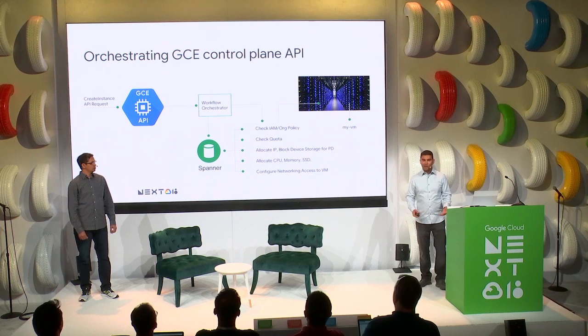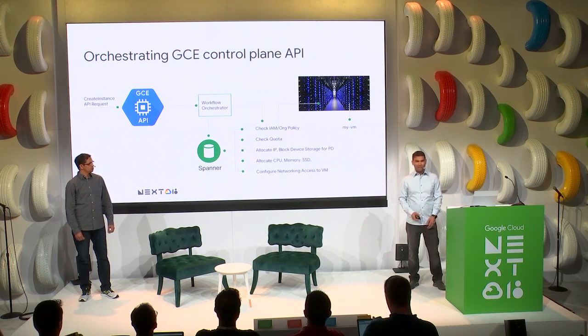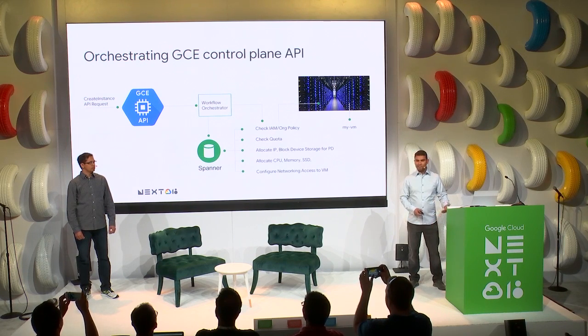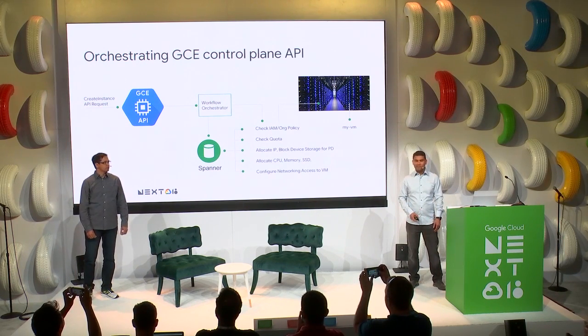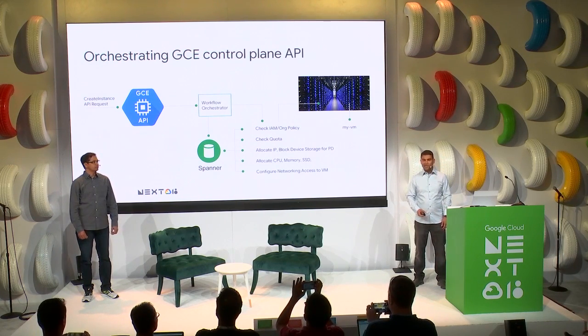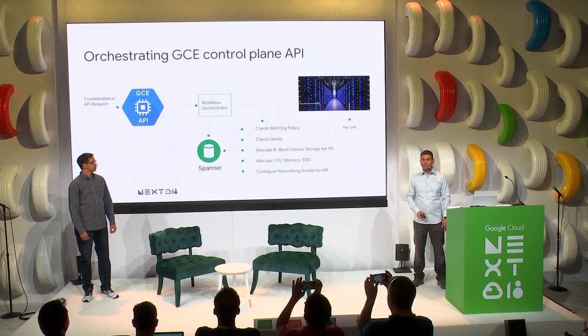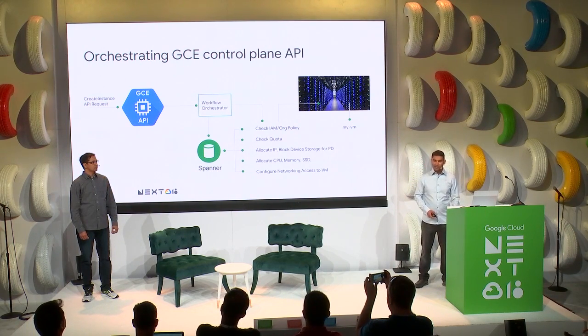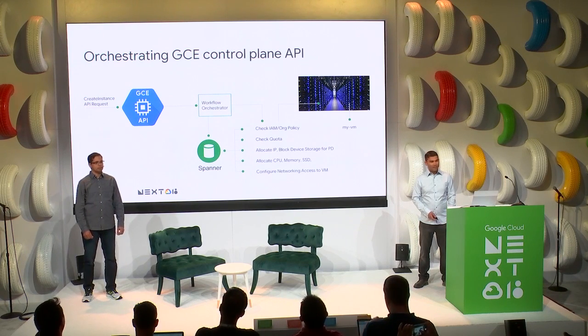I've picked a canonical example of submitting an instance creation request. We orchestrate that API, and it has many, many steps to be performed. I just listed a few of the steps. We need to check the permission, the org policy, quota, and so on and so forth.